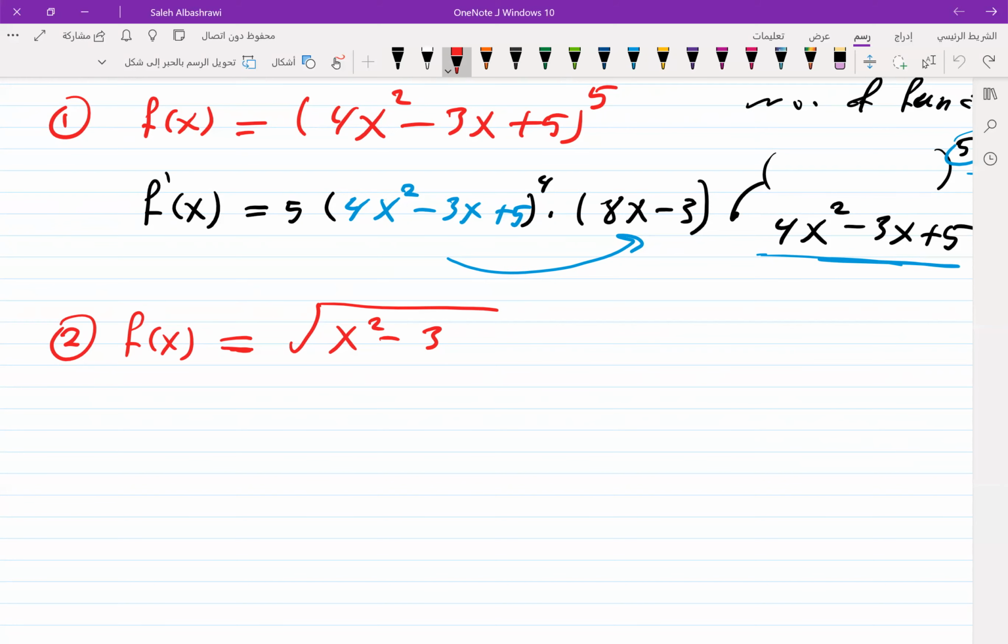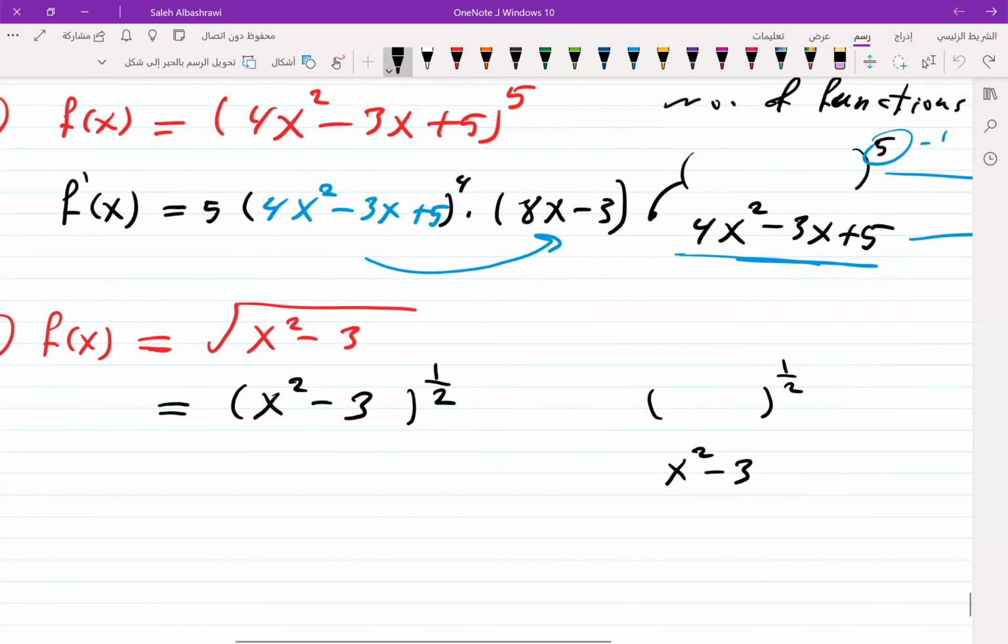This one can be written as x squared minus 3 to the power 1/2, which means I have two functions, the power 1/2 and x squared minus 3. It is the composition of these two functions, the square root and x squared minus 3.